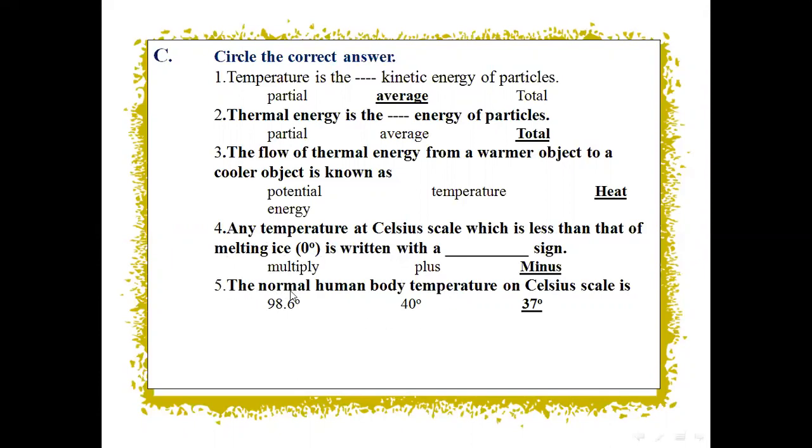Then number 5, the normal human body temperature on the Celsius scale is 98.6, 40 degrees or 37 degrees. So the normal human body temperature is 37 degrees Celsius.